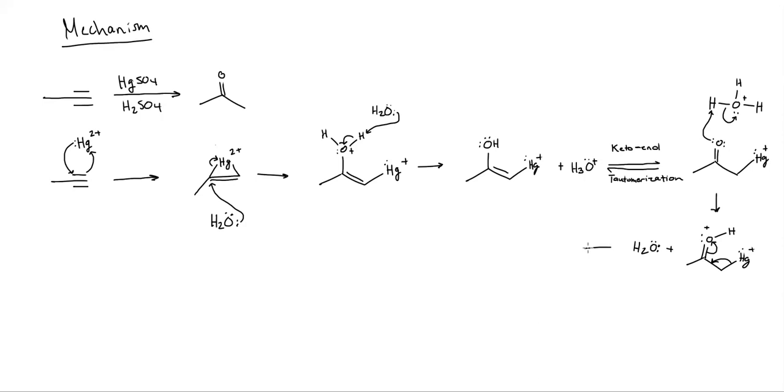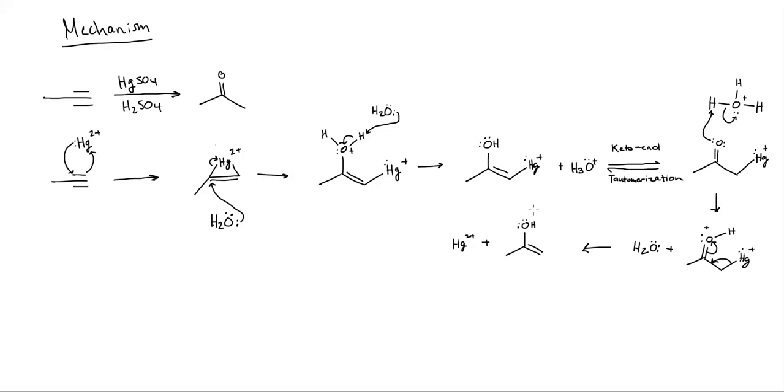So that way I can get rid of the mercury and I can get rid of the charge on the oxygen at the same time. Okay. So both of those things are going to happen at the same time. Okay. So now what that leaves me with is a double bond here, and I have an OH group now. And then Hg2 plus just left, right? Hg2 plus just left.